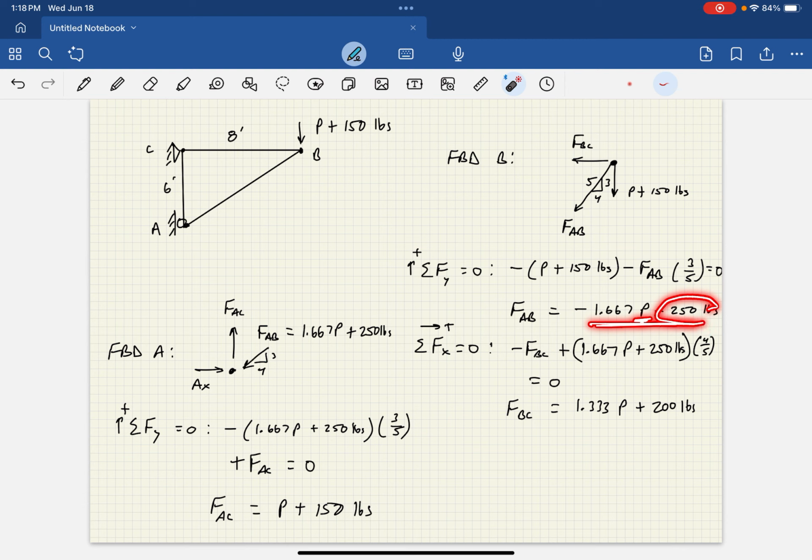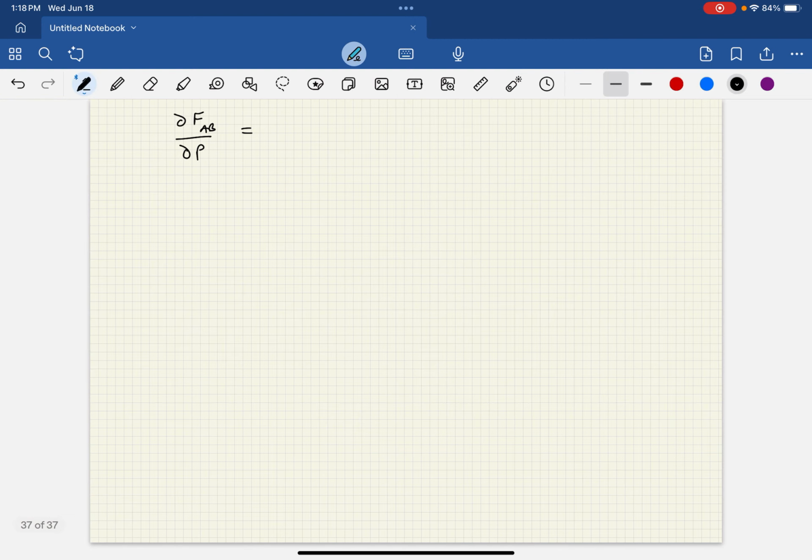That means I use the other term as a constant, right? And so this just comes out to be negative 1.667, okay? And then similarly, I'm going to have the partial derivative of the force in BC with respect to P, and that's positive 1.333, and then I've got the partial derivative of the force in AC with respect to P, and that's just going to be 1, okay? So that's the next step in my Castigliano process.